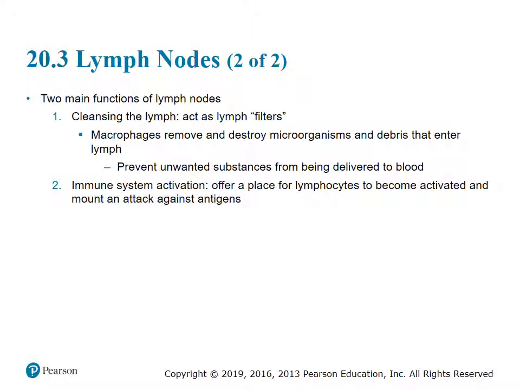So if it hits one cell, the one cell is going to tell the rest of the immune system, hey, there's something that's not supposed to be there. And we mount a huge system-wide attack of the antigen or antigens. And that keeps us alive, by the way. I mean, if we didn't have that, we would slowly, or not slowly, we would easily die of a simple infection.